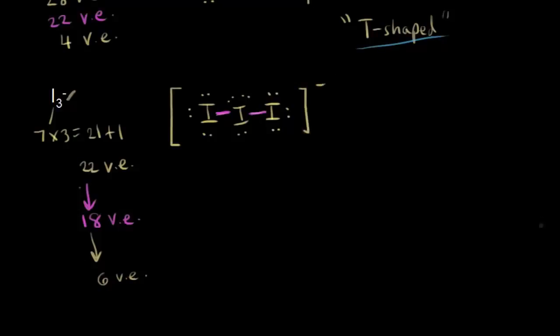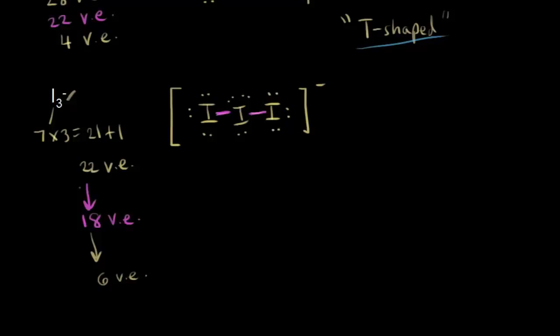So this is our dot structure, and if we look at our central iodine, it's once again exceeding our octet. So it's once again okay for iodine to expand its valence shell because of its position on the periodic table. And if you assign a formal charge to that iodine, you'll see it's a -1 formal charge, which once again I always like to do just to help me understand what's going on a little bit better here. So this is a dot structure that makes sense, that follows all of our rules.